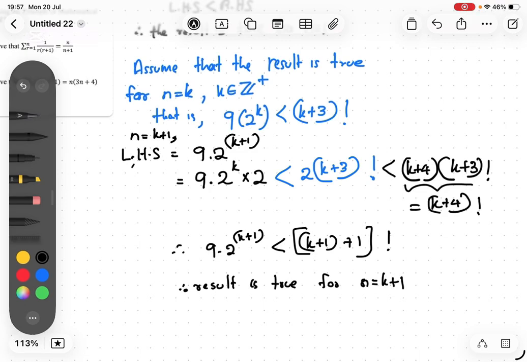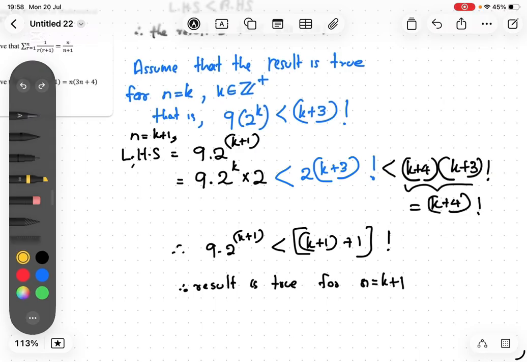Here you have proved that this is equal to this, and this is greater than that. Clear? Then this is even greater than that, so definitely we can write this is less than this.